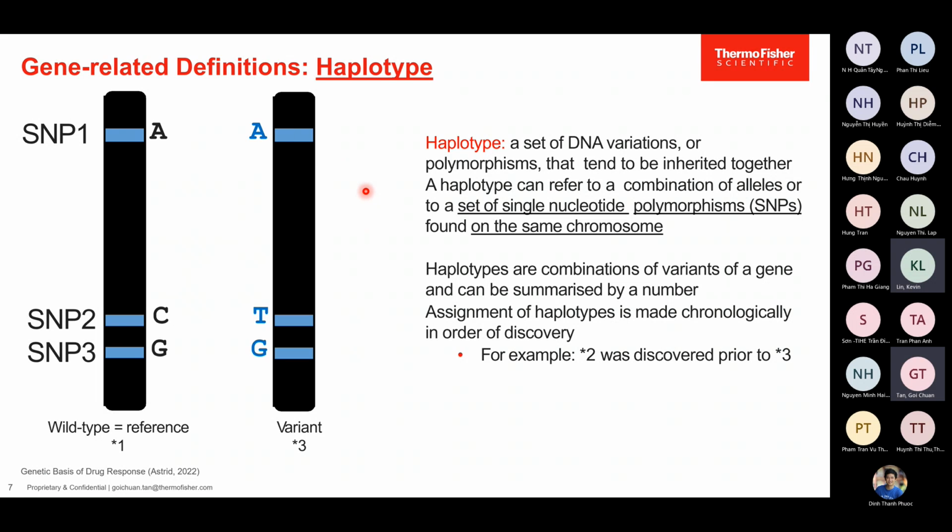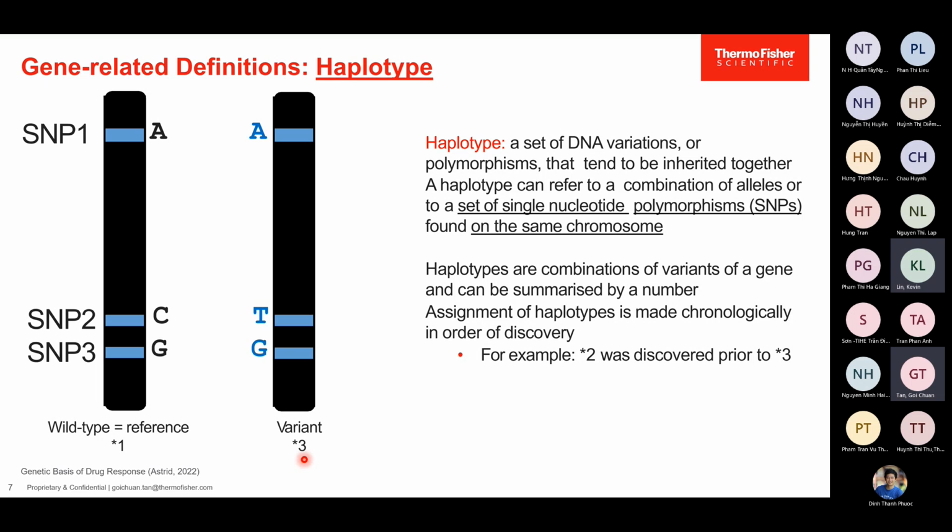What is the entire set of the combination? In pharmacogenomics, you always see this star. Your customer will always say star. So don't get confused, we will get into that later.